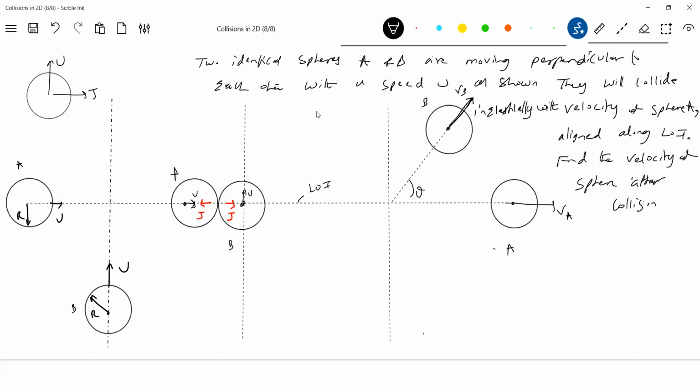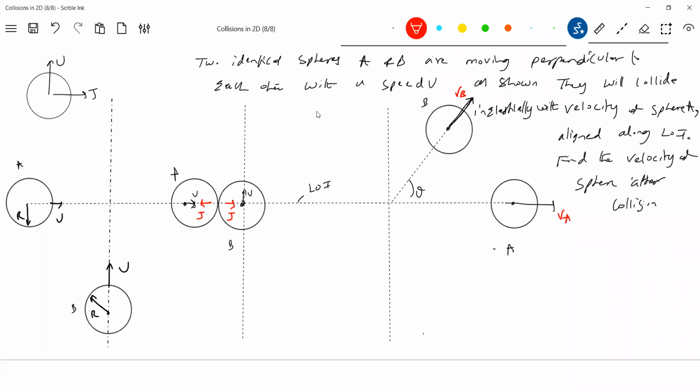Okay, now let's see that. What are the unknown things? VB and VA. These are the two unknowns, and also theta. So what shall I do? I'll take the help of conservation of momentum. Can I apply momentum conservation in any direction? Yes, in any direction. There's one advantage for you: conserve momentum in a direction where you can write equations very easily.